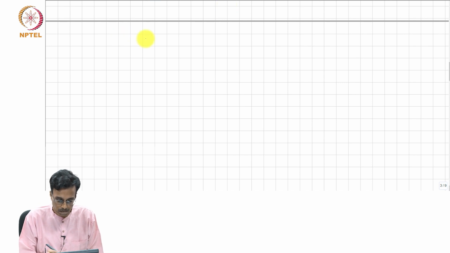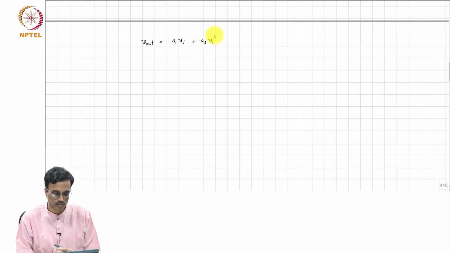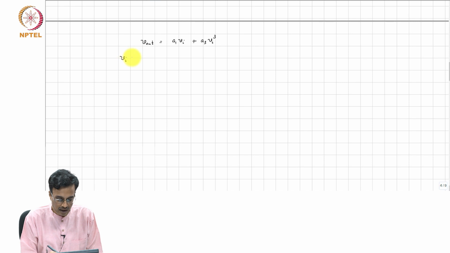So, again V out is A1 Vi plus A3 Vi cube, and Vi is, let us say, A cos 2 pi f1 t plus A cos 2 pi f2 t.